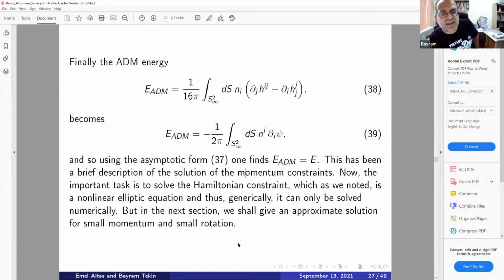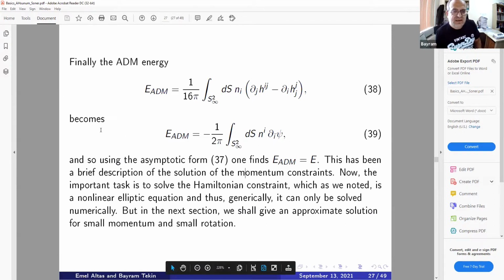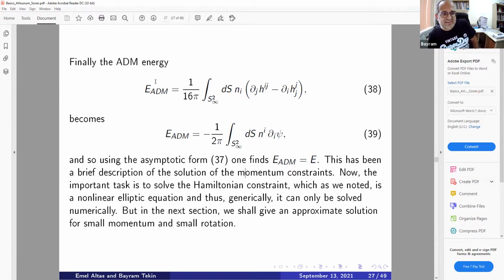Or if you know the ADM energy: for an asymptotically flat surface, it is a geometric invariant of the three-dimensional surface computed on the two-dimensional sphere at infinity. If you plug in the metric that we have, it just reduces to the derivative of phi. Now, there is an r squared here, so if phi goes like 1 over r, you are going to pick up a 1 over r squared. So to get a finite energy configuration, you need phi to go like e over r. That is the idea.